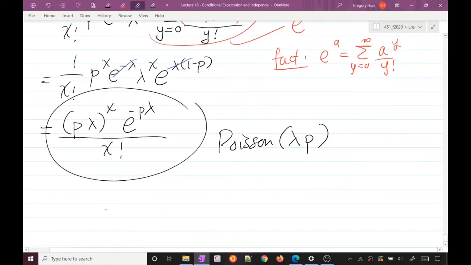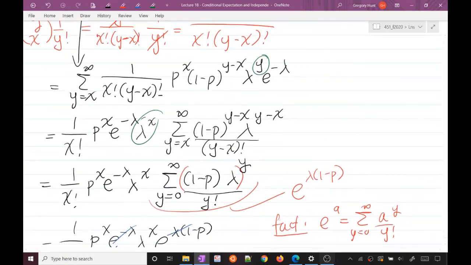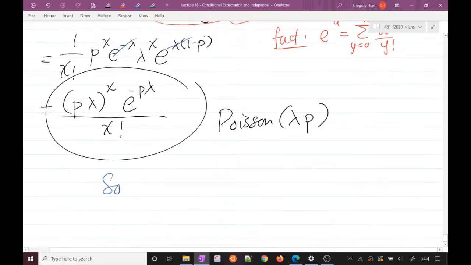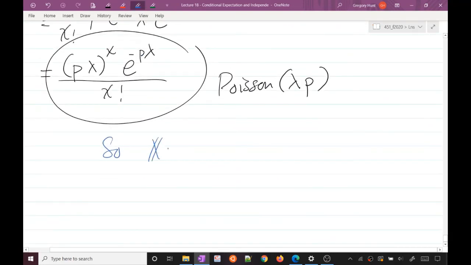So what this says is that what we were deriving, if you go back through our whole calculation, was the marginal distribution of x, and that marginal distribution of x is a Poisson distribution, but instead of having a rate parameter lambda, it has a rate parameter lambda times p.